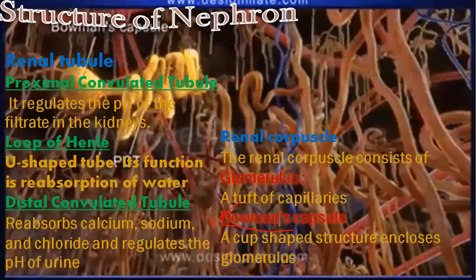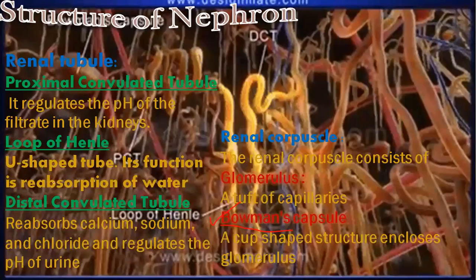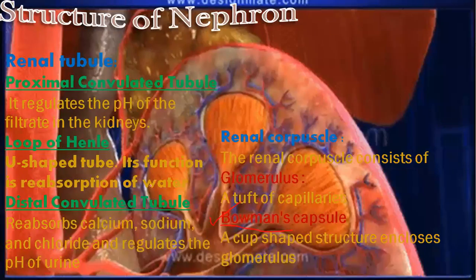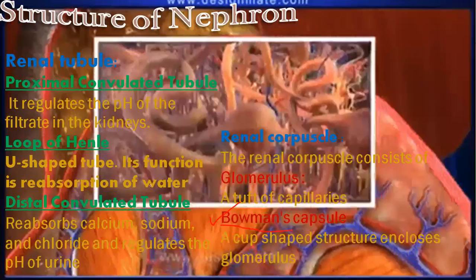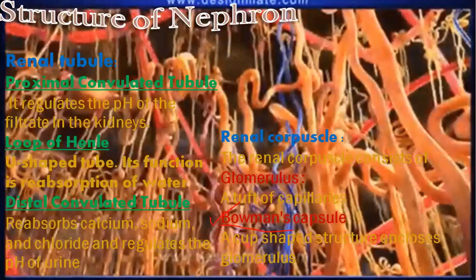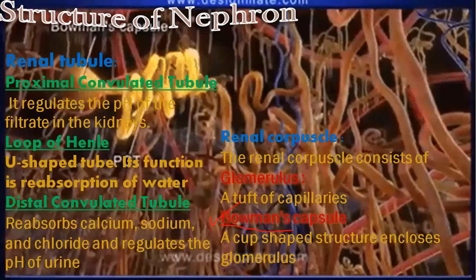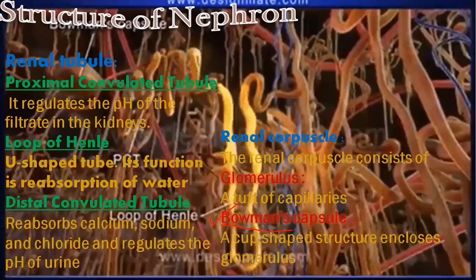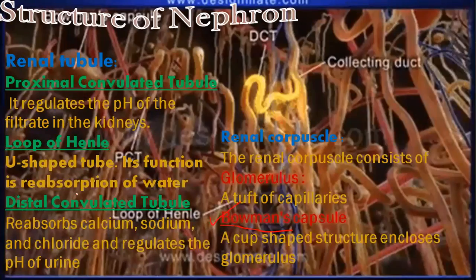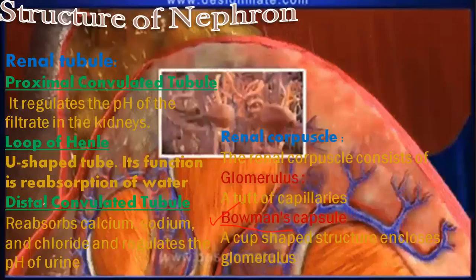Then we will see the loop of Henle, that is a U-shaped tube. Its function is reabsorption of water. So in our body, water is also reabsorbed whenever this filtration process is done. If our body is dehydrated, or if your body has lots of water present, reabsorption of water occurs accordingly.